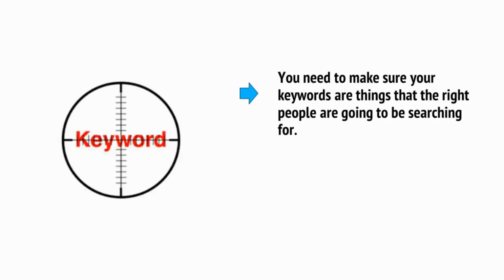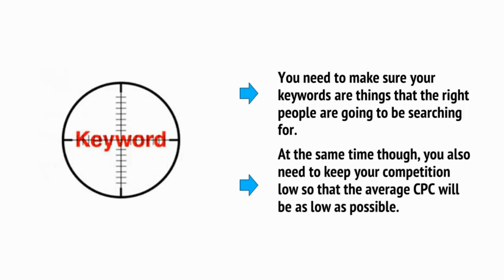You can further target your customers by placing your adverts on the right keywords and key phrases. This is a big part of the PPC campaigns, and it's very much worth doing your research here. Again, you need to make sure your keywords are things that the right people are going to be searching for.